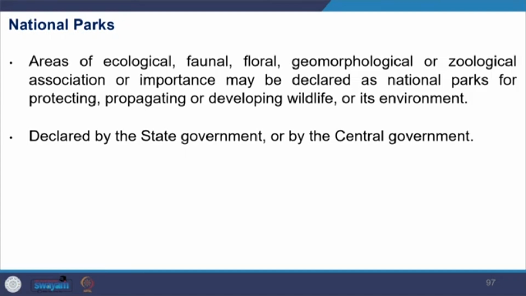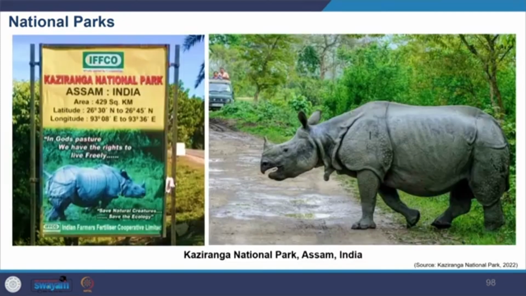The state government and the central government, any of them can declare that as a national park. For example, I have just picked one, you have lists of these national parks: the Kaziranga National Park, Assam, you can see here from the country.